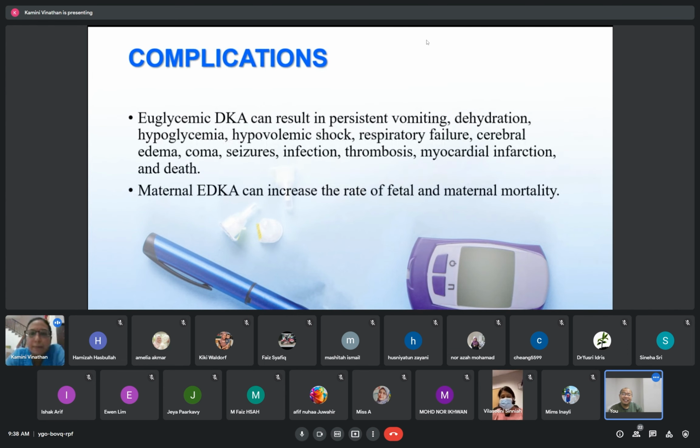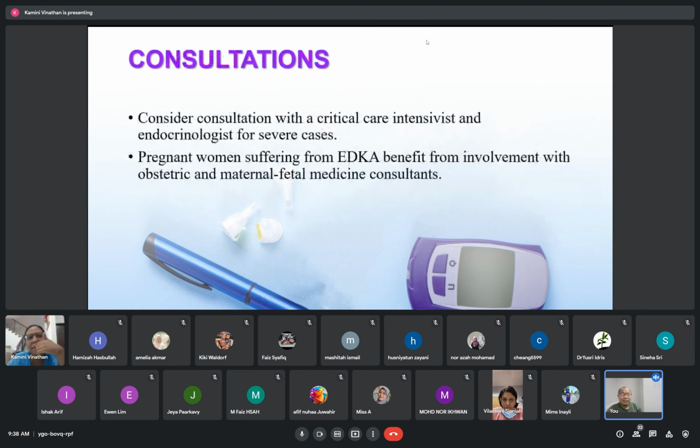We refer to medical, and they are the ones who are supposed to consult endocrinologist, critical care, and so on. I mean, you can call the endocrinologist yourself if you want, but usually in the acute phase it's not really necessary because the management is pretty standard, like usual DKA. Okay, carry on.